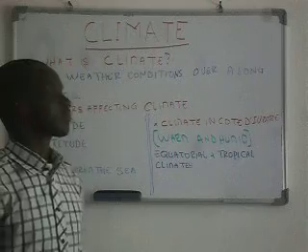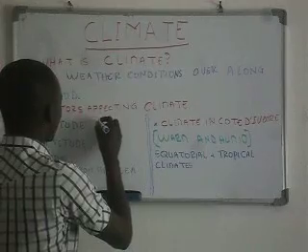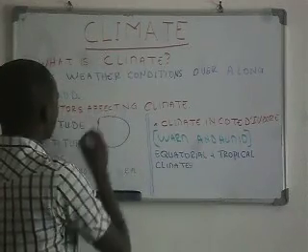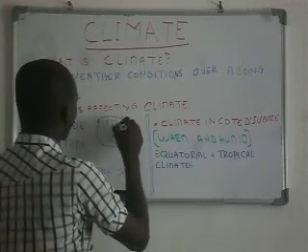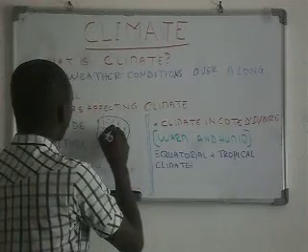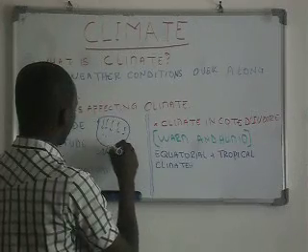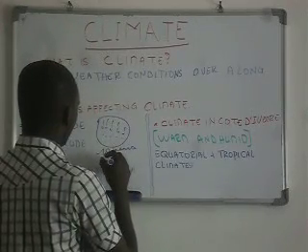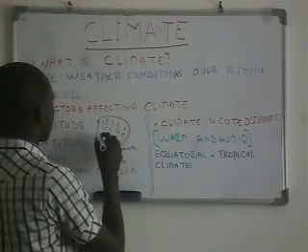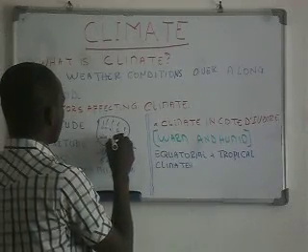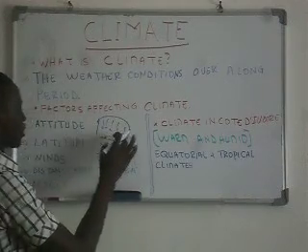What does it mean? It means simply that if you have a given area, for example, you take a country, let us suppose this is the map of a country. Then here in this country, it rains, for example, over 10 years or 5 years, each year it rains from January to June.